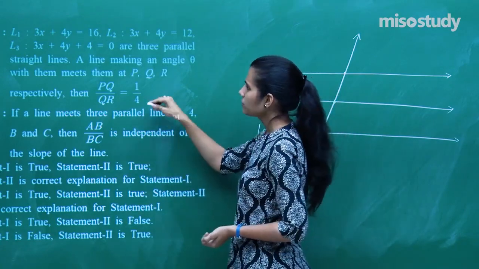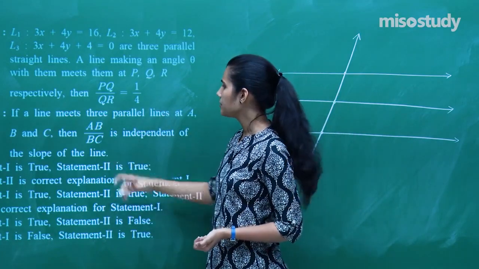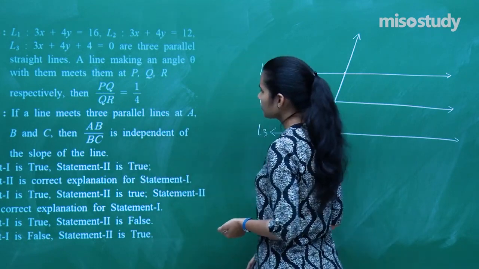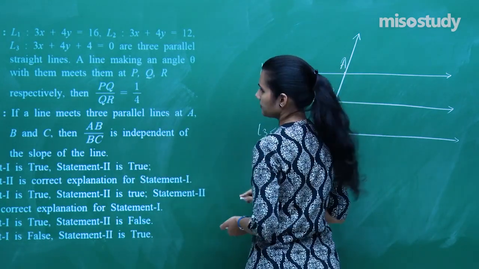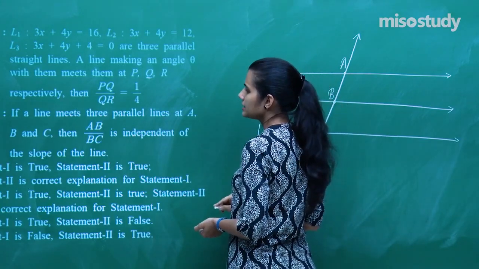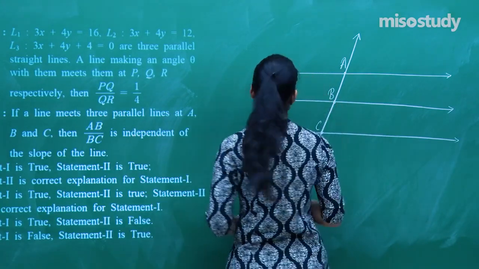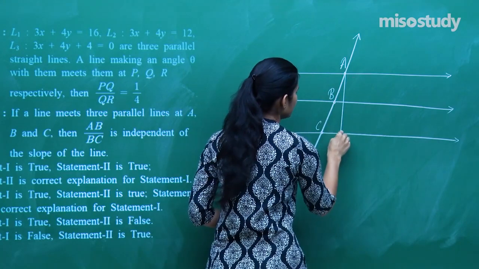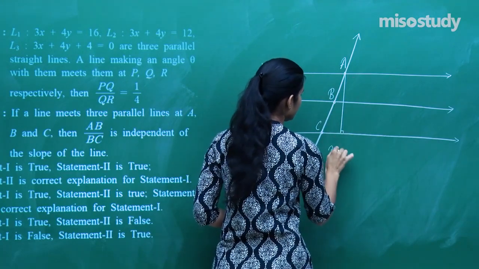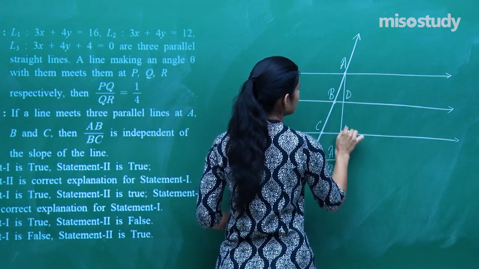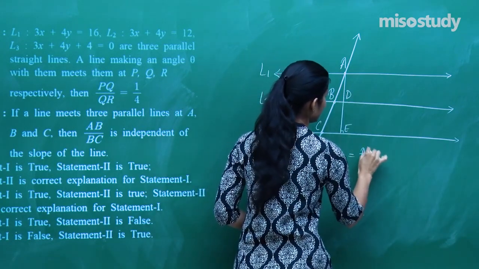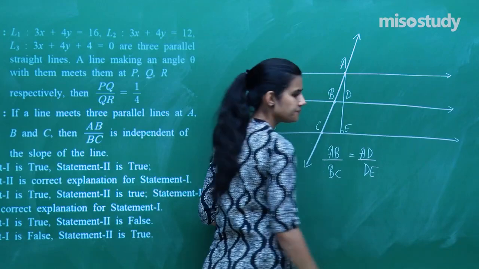Now see, there is a statement 1 and statement 2 given. Let's talk about statement 2. If this line meets three parallel lines at A, B and C, then AB upon BC is independent of the slope of the line. To show that, we drop a perpendicular, and you know that AB upon BC, suppose this is D and this is E, is equal to AD upon DE.